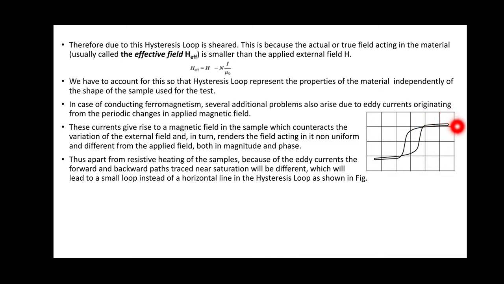So our hysteresis loop gets some smaller loop near the saturation point, here and here. Thus, apart from the resistive heating of the sample because of the eddy current, the forward and backward path traced near the saturation will be different, which will lead to a small loop instead of a horizontal line in the hysteresis loop, as shown in the figure.